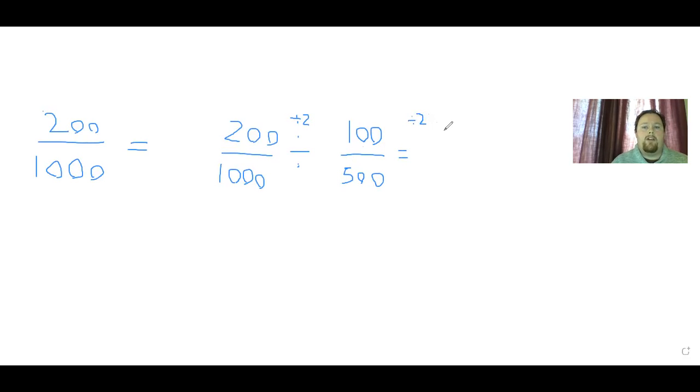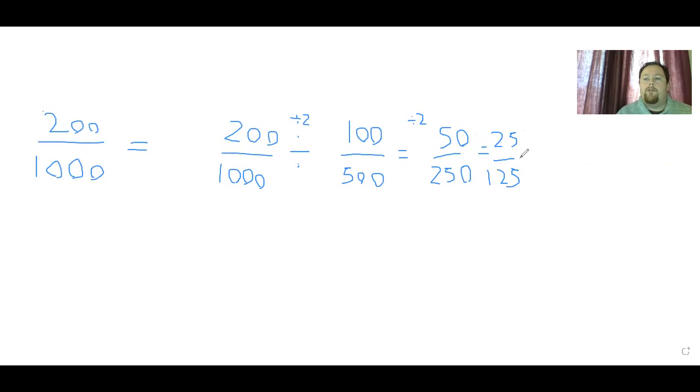So if we divide this by 2, we've got 50 over 250. And if we go again, we've got 25 over 125. At this point, you've got odd numbers, so it won't work anymore. So the next method will be what's useful here. You have to find a number that goes into the top and bottom number.